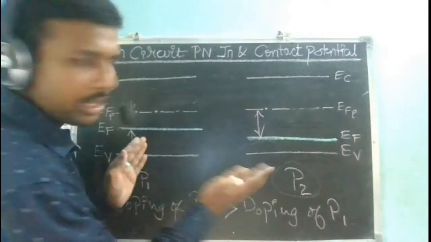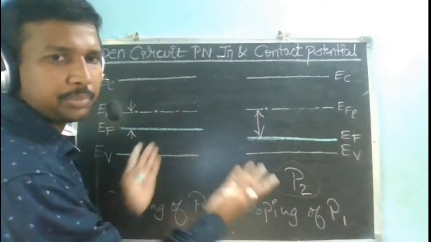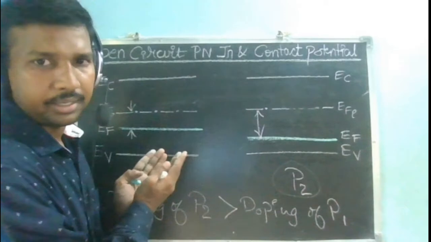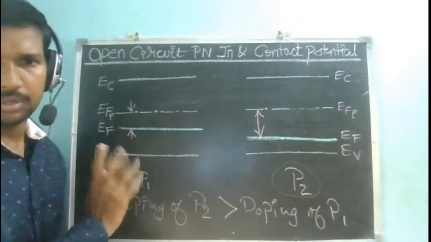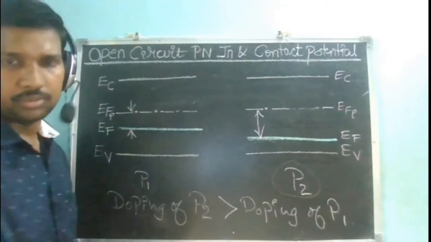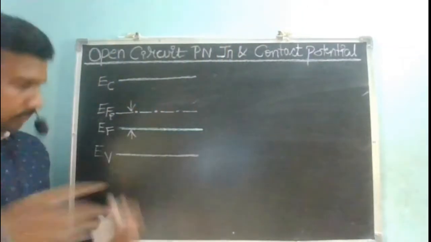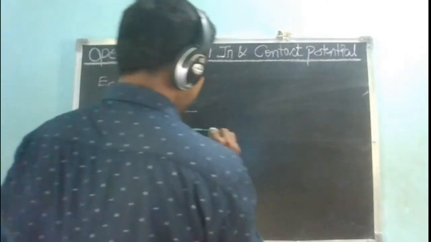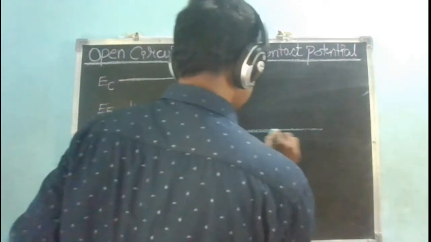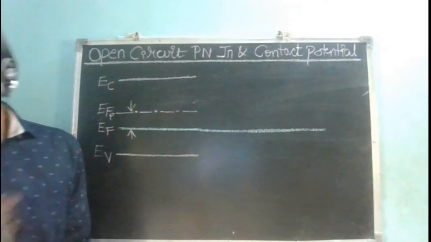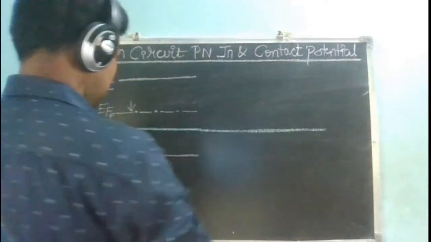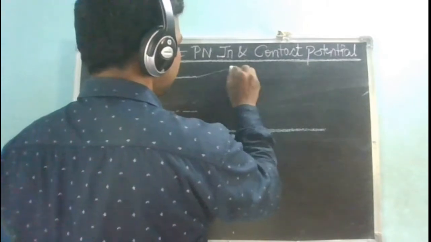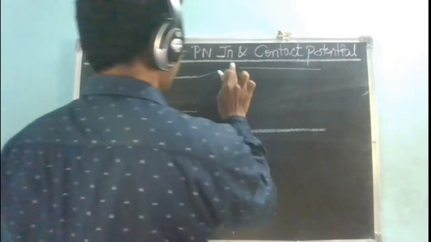So I'll draw the energy band diagram when P1 and P2 are made in contact. When a P1 P2 junction is formed, how is the energy band diagram going to look? That is what I am going to draw now. I am extending this Fermi energy level, so that I can draw something like this.